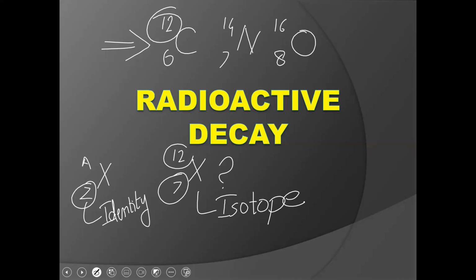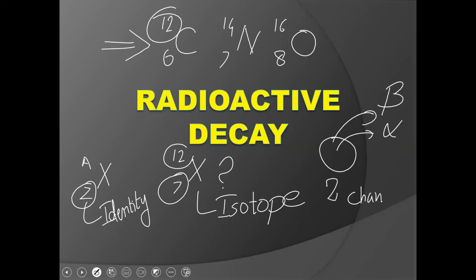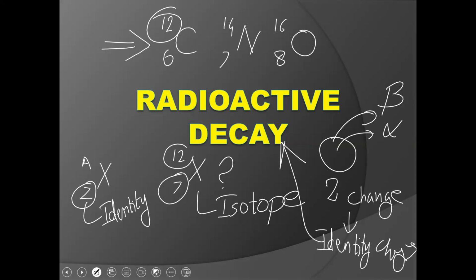I repeat the concept. When a nucleus emits alpha or beta particles, its atomic number Z changes, which means the identity changes. This process is called radioactive decay.